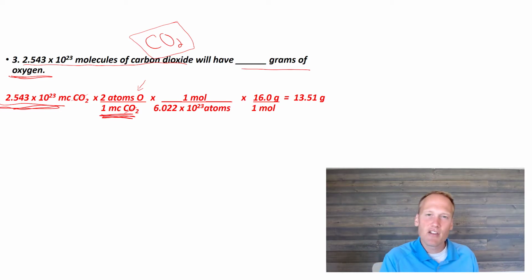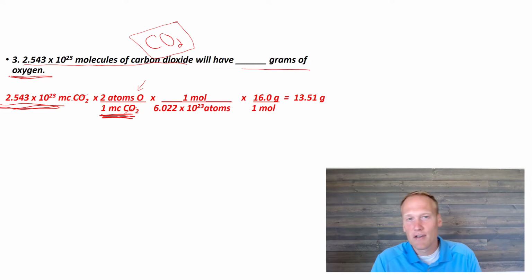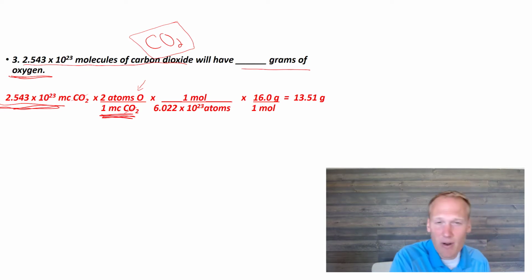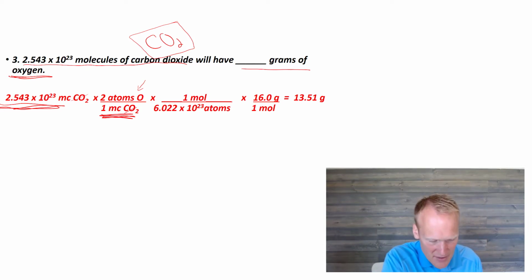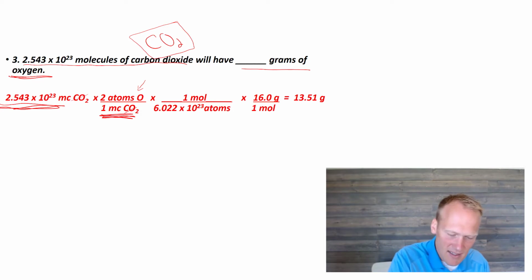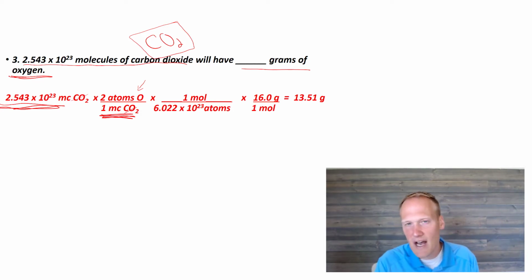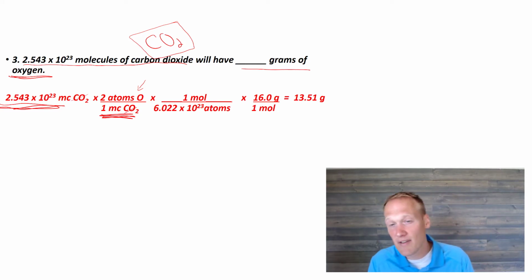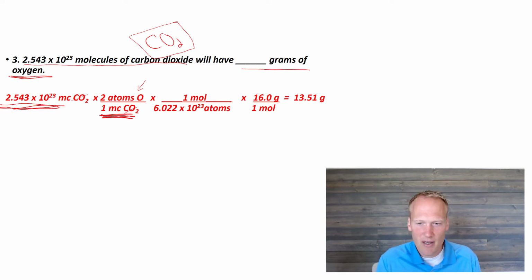So by simply using the formula, we can get from molecules to how many specific atoms within that molecule there are. At this point, we can go from atoms of oxygen to moles, and then from moles of oxygen to grams of oxygen. And that would give us 13.51 grams.